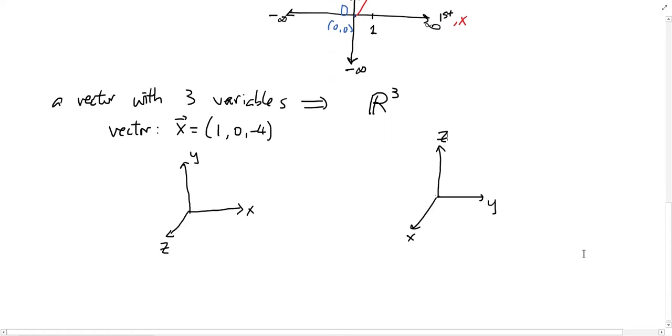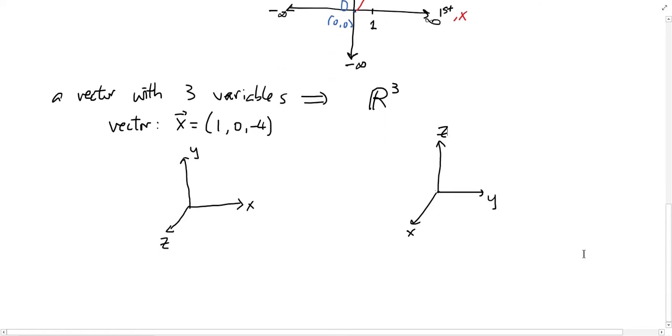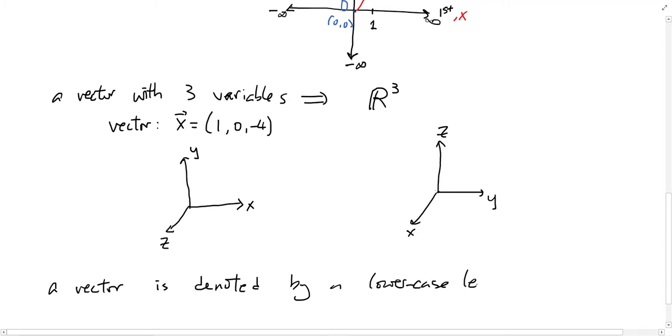Now, we already talked about how to name a vector, but inside a vector, there are quite a few numbers involved, so it's also important to learn how to deal with them. So remember, a vector is named by using a lowercase letter with an arrow on top.